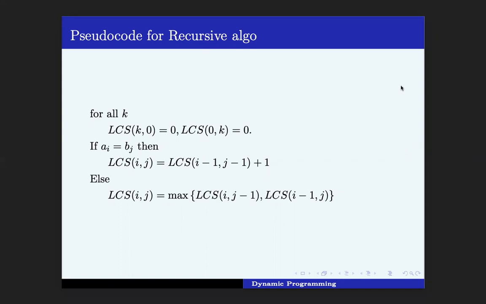So Ayanova, yes, can you tell me what is the runtime of this pseudocode? Or what is the runtime of this algorithm? It's actually something like exponential, like order of 2 power n.